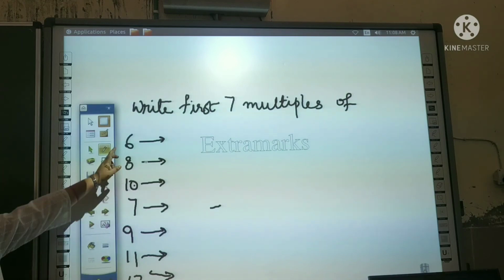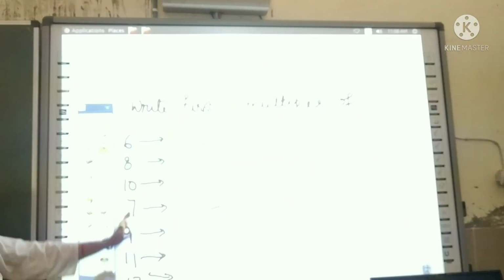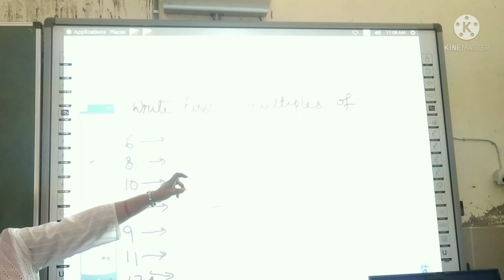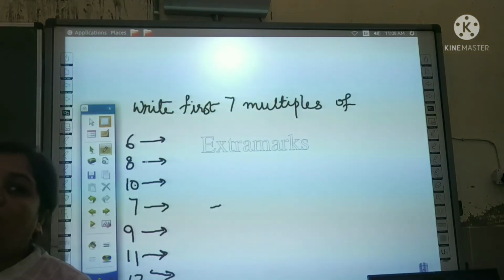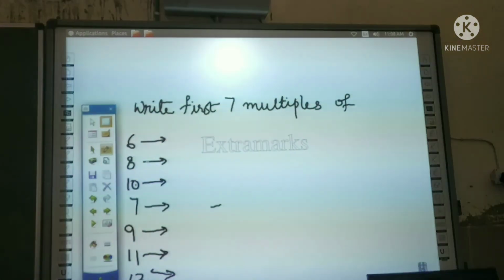You have to write down the multiples of these numbers. How many multiples? 7. Any 7 multiples. ठीक है, अब अगर 7 बोला है तो any 7, लेकिन अगर बोलते हैं first 7 तो आप first 7 लिखते हैं. ठीक है, समझ में आ गया? समझ में आया? ओके.